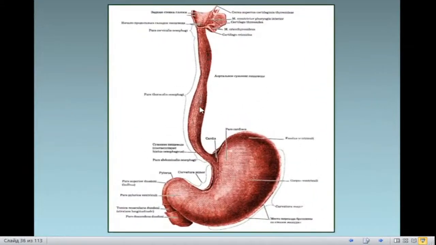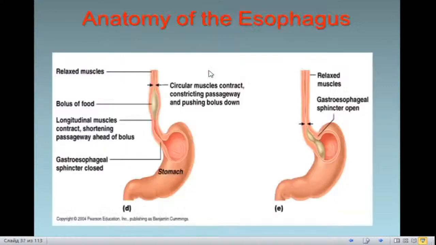The walls are the same as in all tubal organs: first the mucosal layer, then submucous, then muscular, and then adventitia. Here it's shown that when circular muscles constrict, then longitudinal muscles constrict, and the peristaltic wave forces the bolus to move towards the stomach.